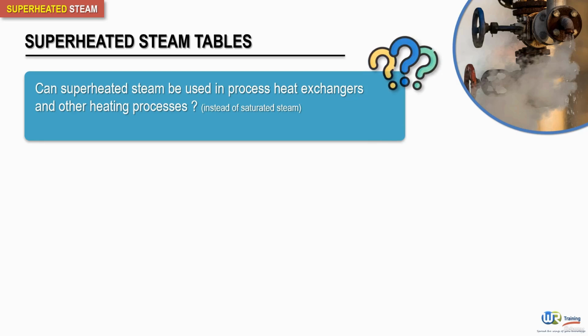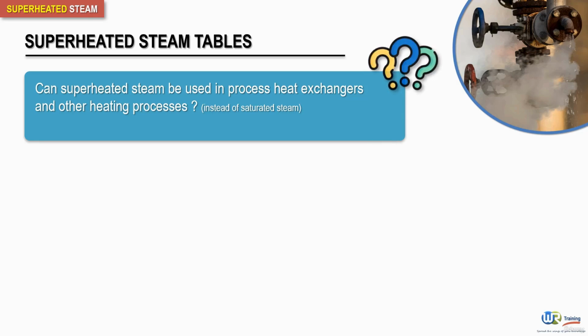Now, to be clear on this point, in most cases, saturated steam should be used for heat transfer processes, even if it means de-superheating the steam to do so. Hydrocarbon processing industries often de-superheat steam to within about 10 degrees of superheat.